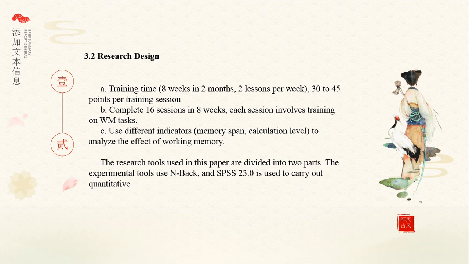And C, using different indicators, memory span and conclusion level, to analyze the effect of working memory training. Also the research tools used in this paper are divided into 2 parts. The experimental tools, I use NBAC, and I also use BAS to carry out quantitative analysis.